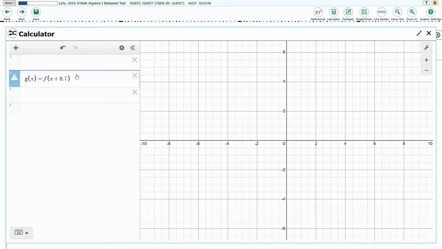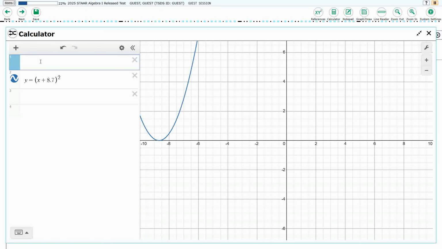It could work if you wanted to square that, but it's only going to work if you replace this with y equals x plus 8.7 squared. You can get the same thing there, but you have to do quite a bit of changes. So let's go back to the way we had it.